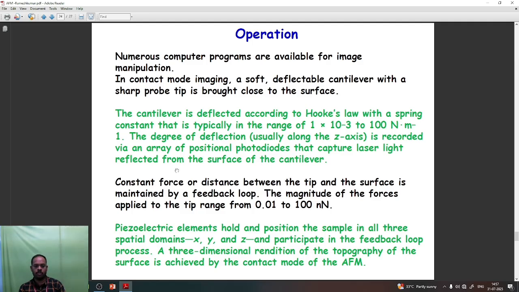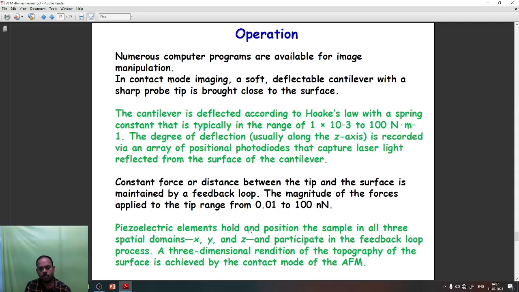You can keep the force constant or the height of the cantilever tip constant, as maintained by the feedback loop. In a constant force type, we can apply a force in the range from 0.01 to 100 nanometer.